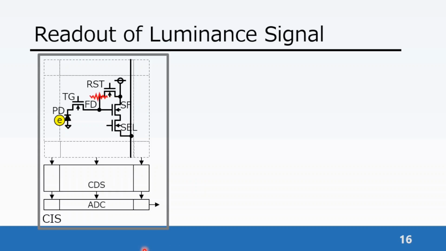The floating diffusion node is reset by toggling the reset pulse. Then the photoelectrons are transferred from the photodiode by toggling the transfer gate pulse. The difference between the reset level and signal level is read out to remove the pixel reset noise.